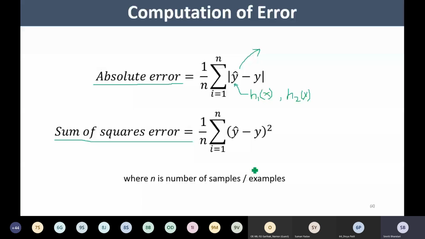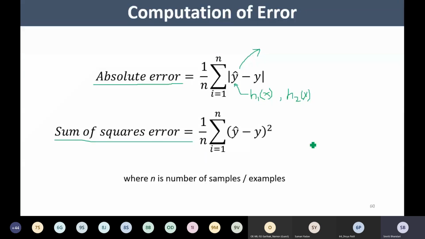Here we take the squared difference of the predicted output and the actual output. This is the squared error. For every sample, I take the summation of all those squared errors, and once again we come up with the average error.